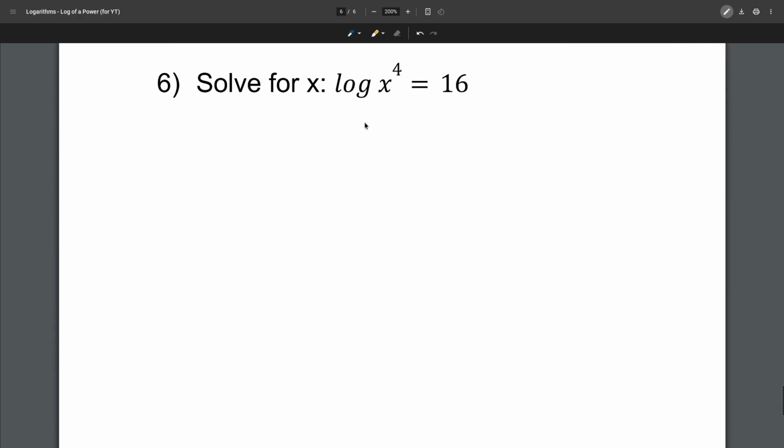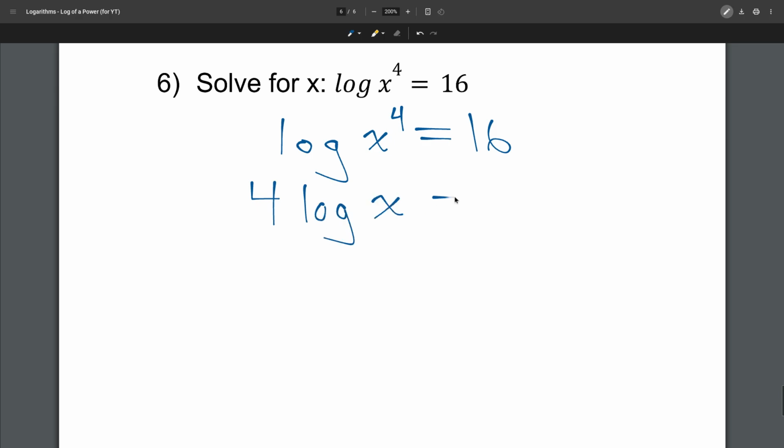All right, so last one, log of x to the 4th power equals 16. Use the log of a power property to rewrite this as 4 times the log of x. Set that equal to 16. Divide both sides by 4.